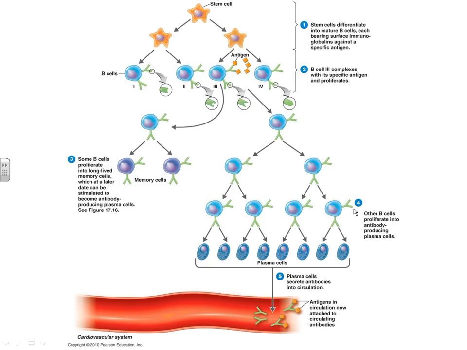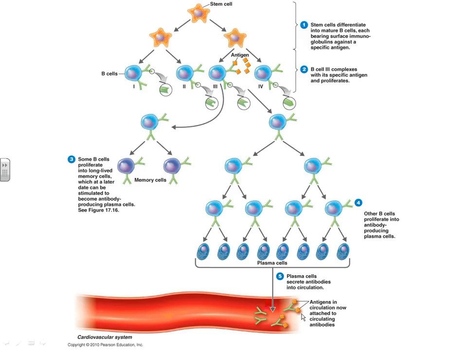The army of B cells mature into plasma cells. Plasma cells then secrete the antibodies that go into your bloodstream and bind any of these antigens that originally activated the B cell. Notice the antibodies are in the blood, and this is why we call this our humoral immunity.